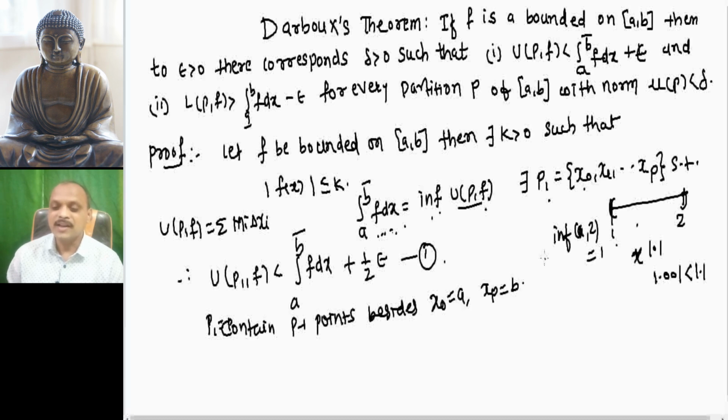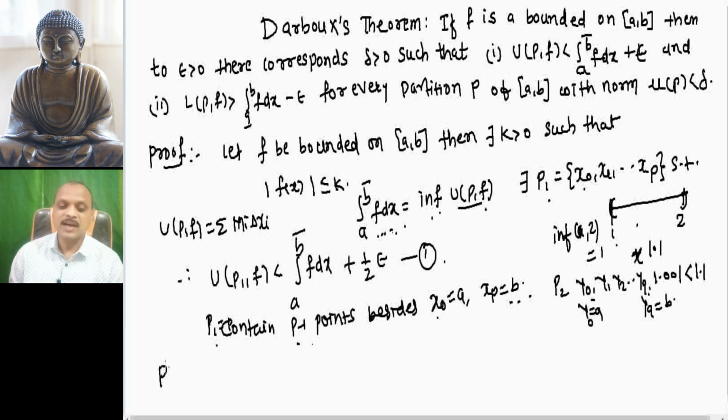So if we take another partition, suppose P2 equal to another partition y0, y1, y2, ..., yq, then y0 is equal to a and yq equal to b. So these are the common points to these partitions, right? If we leave these points x0 equal to a and xp equal to b, we have p minus 1 points in partition P1.